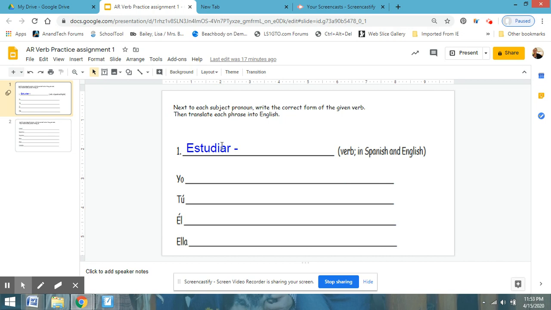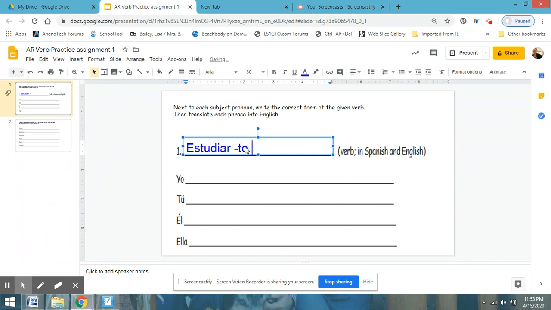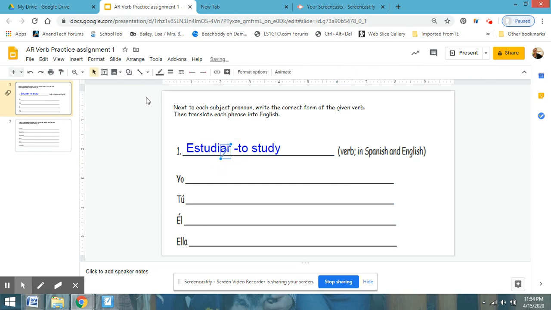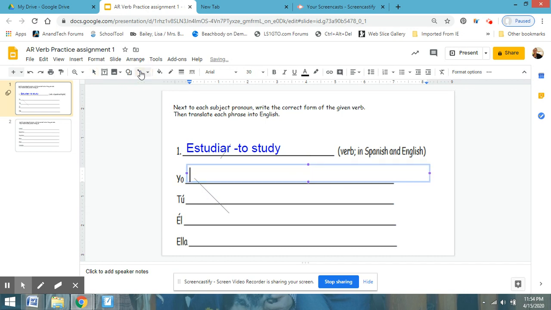What does estudiar mean? Okay, estudiar means to study. So I'm going to type it in. So here's my infinitive. I'm going to cross out my AR. I'm going to put my stem in.